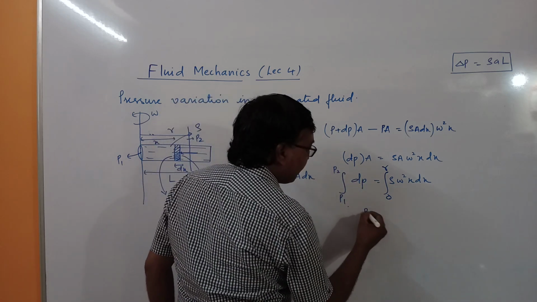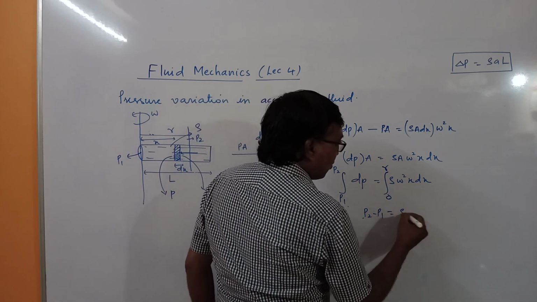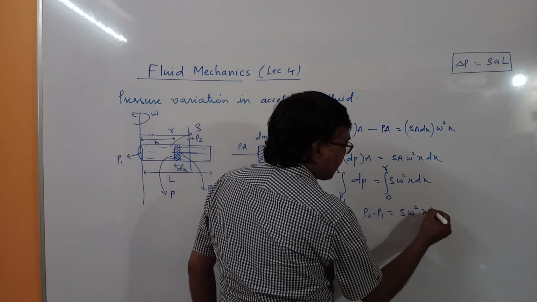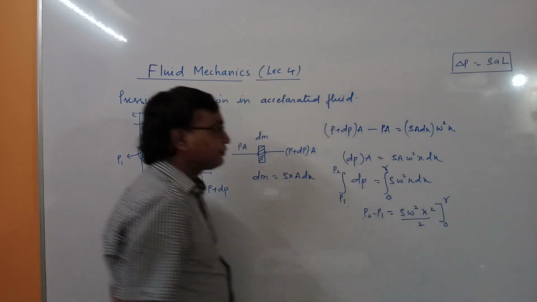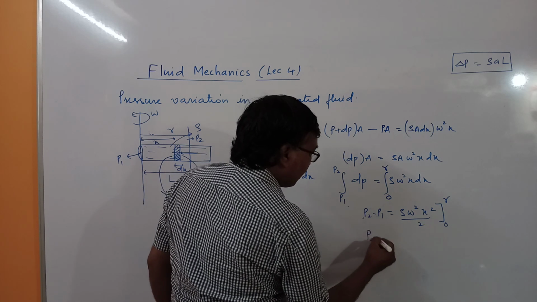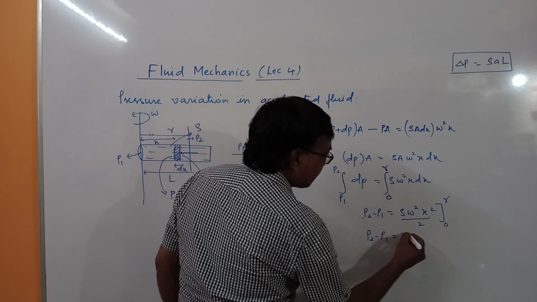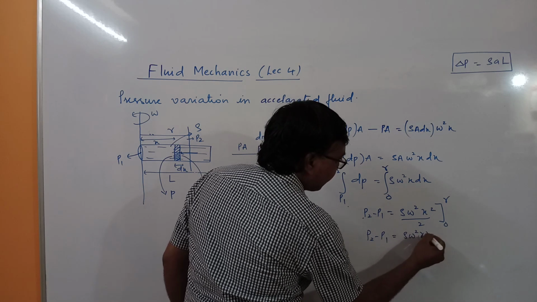So P2 minus P1 is equal to rho omega square x square by 2, from 0 to R. So P2 minus P1 is rho omega square R square by 2.